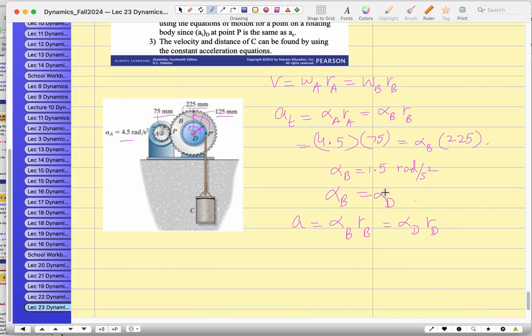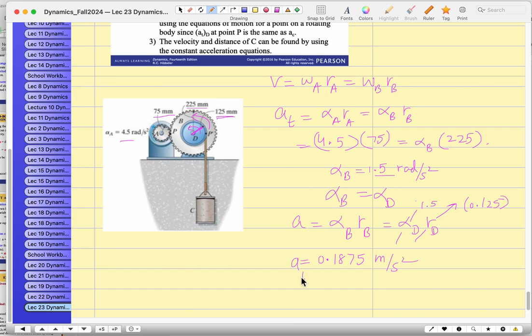So can I write down this 1.5 for this variable. R sub D is given as 125, but I have to convert it into meters. If you do the math here, you should get 0.1875 meters per second squared.